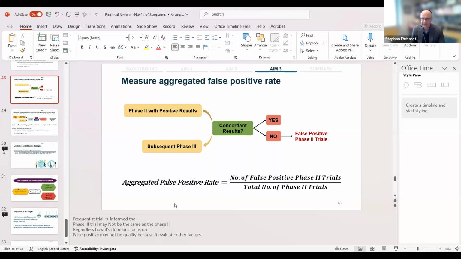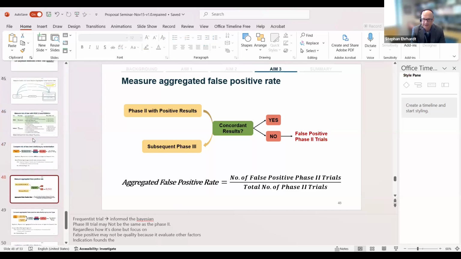Those Bayesian trials, it seems to me, are sometimes quite different from the frequentist trials, and sometimes that's because of a specific indication, for example a very rare condition. So my question is, have you considered confounding by indication, by condition, by disease severity, something like that?